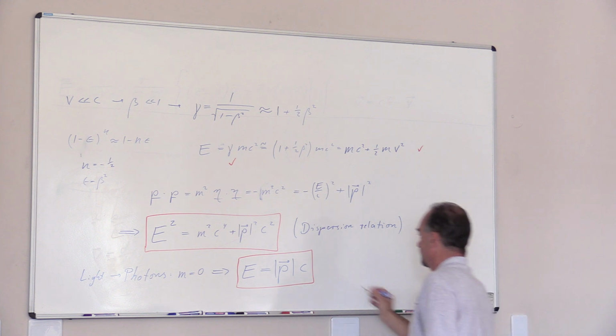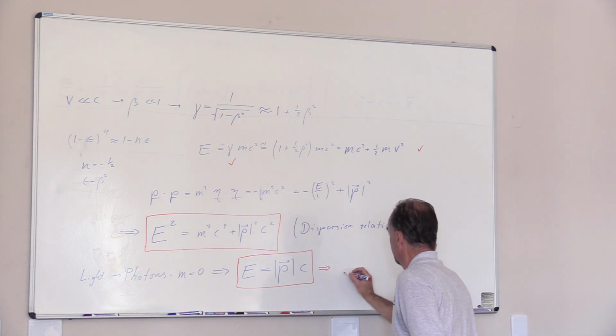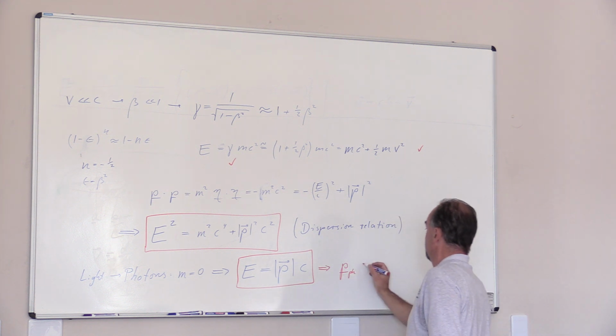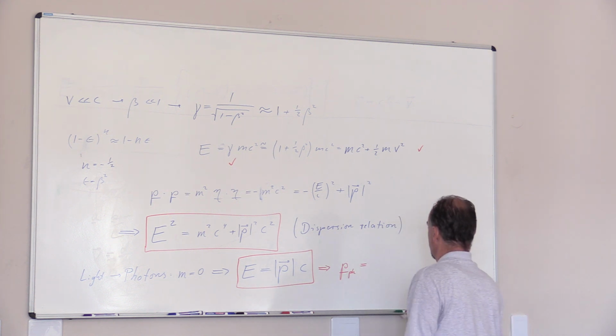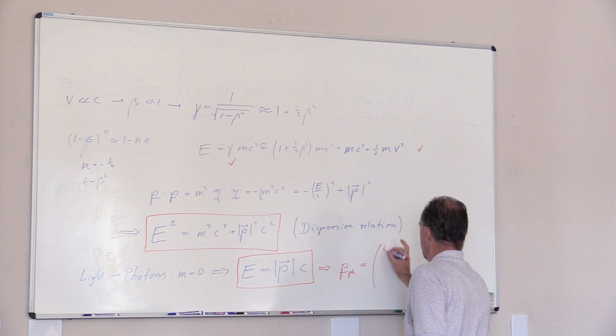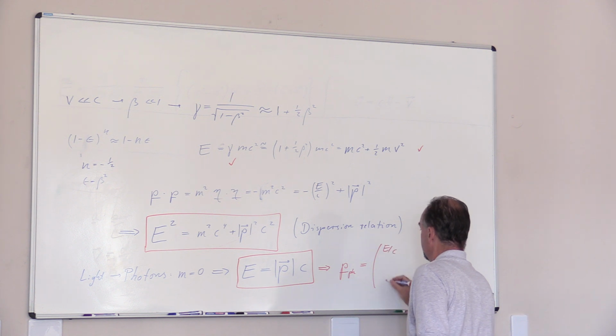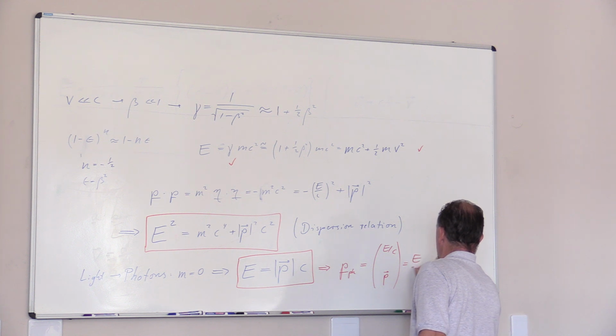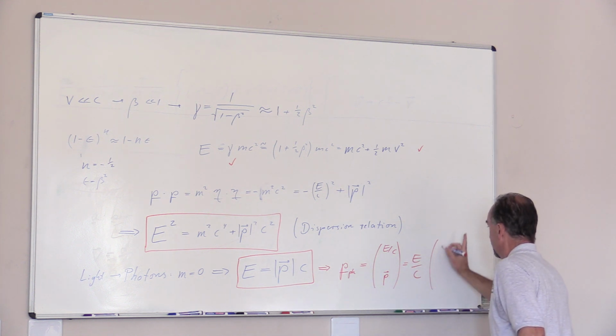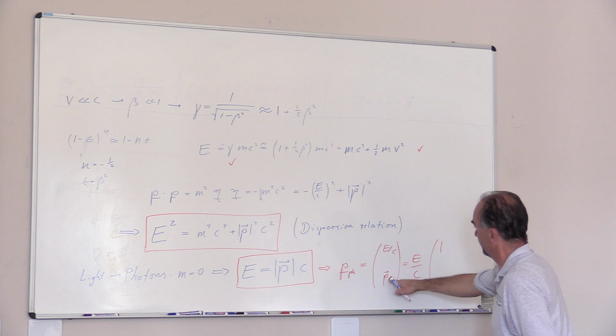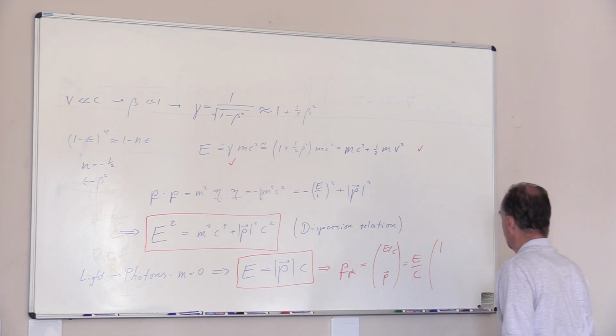That also means that we can write the momentum of a photon as E over c. We know the length of P is the same as E over c.